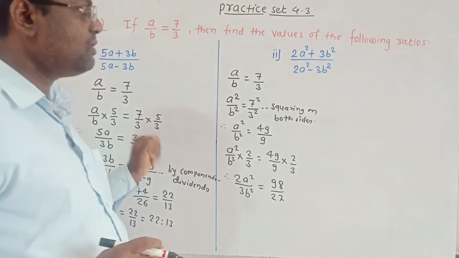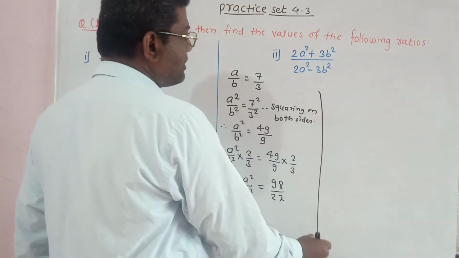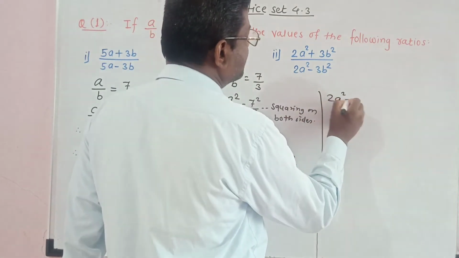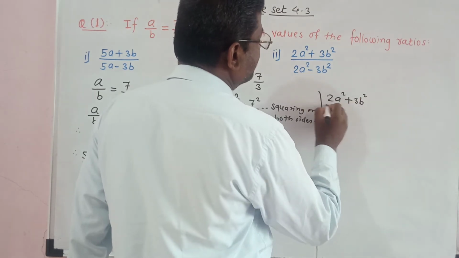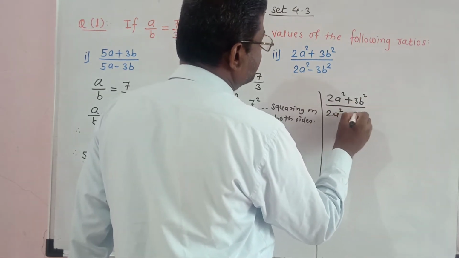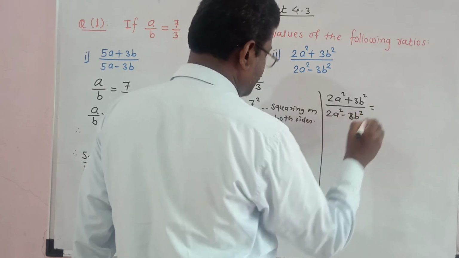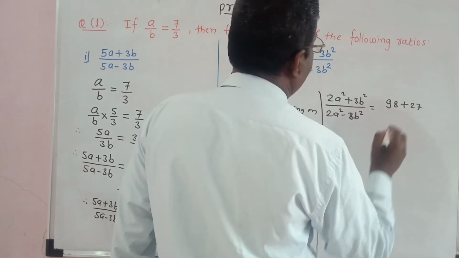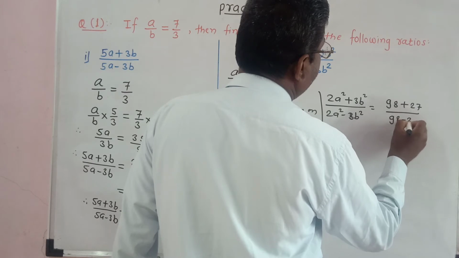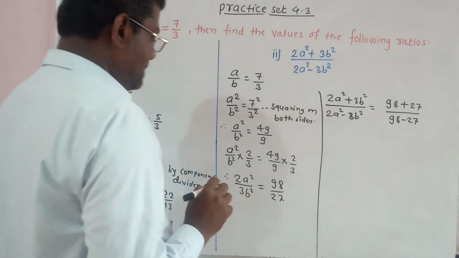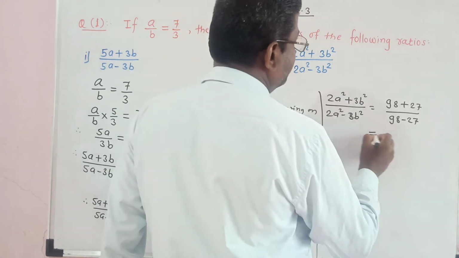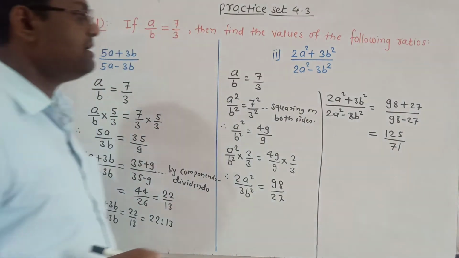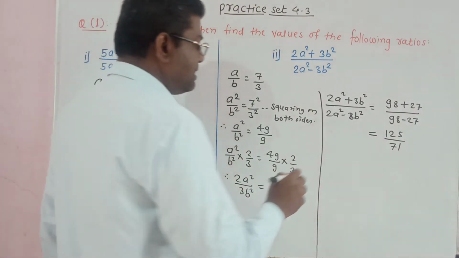This is a componendo dividendo. Therefore applying componendo dividendo for these terms, we have 2A square plus 3B square upon 2A square minus 3B square is equal to 98 plus 27 upon 98 minus 27, is equal to 98 plus 27 is 125 and 98 minus 27 is 71.